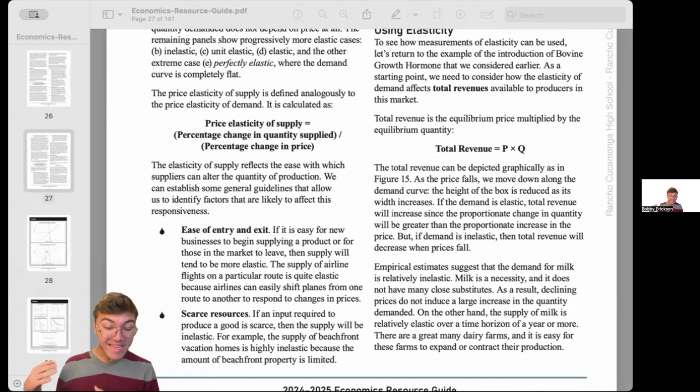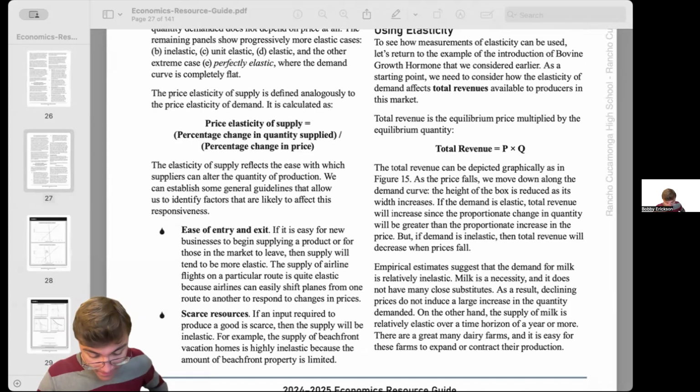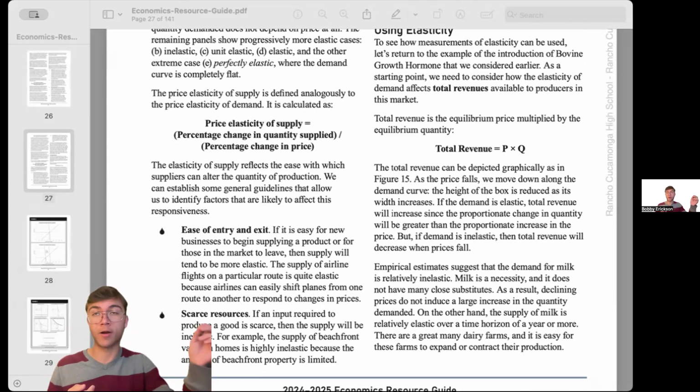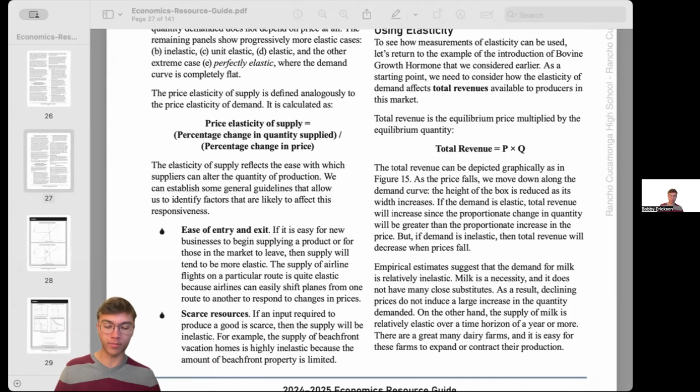If people can easily start supplying a product, then the supply is more elastic. We can more easily supply more for higher prices or for incremental changes in price. More people will be more willing to supply those.